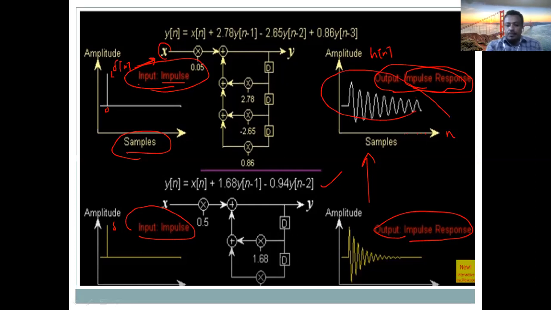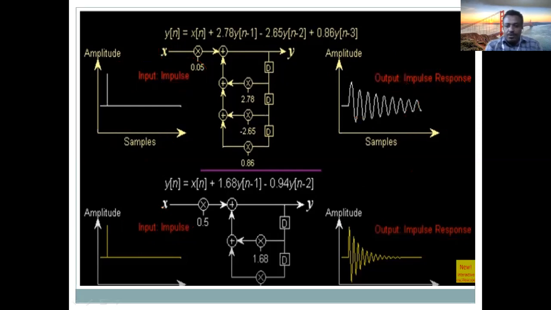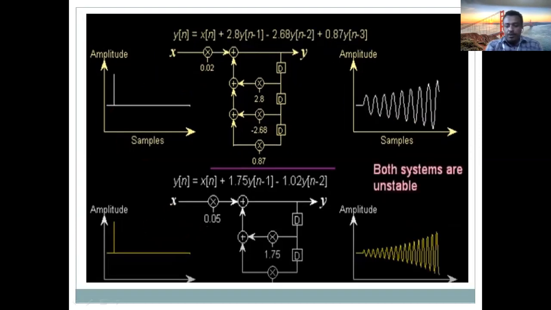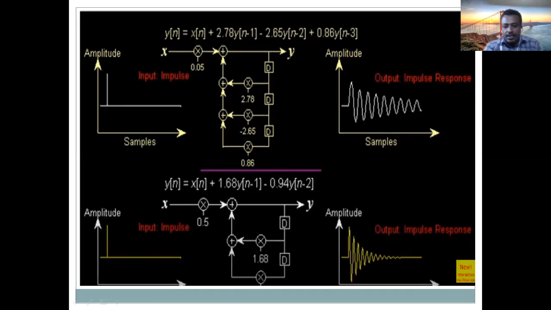Okay. Now in this case, you see the systems' impulse responses are decreasing oscillations, right? How about these two? So in this case, what is our conclusion? Both systems are stable systems. Why do we call it stable?